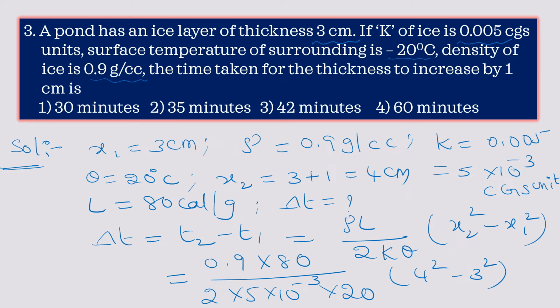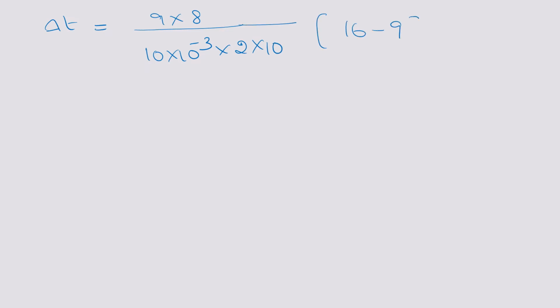Next, delta t is equal to 0.9 into 80 can be written as 9 into 8 by 2 5s are 10. 10 into 10 to the power of minus 3 into 2 into 10. 20 can be written as 2 into 10. 4 square is 16, 3 square is 9.